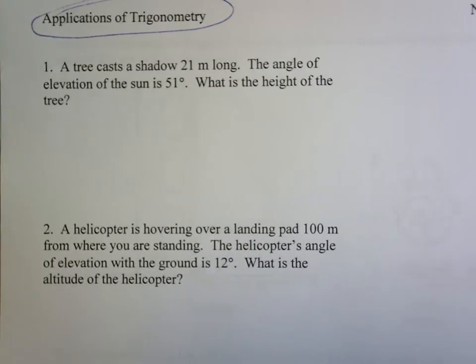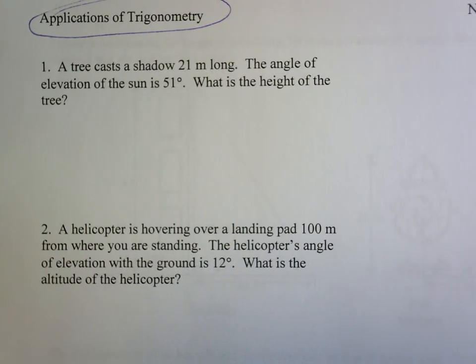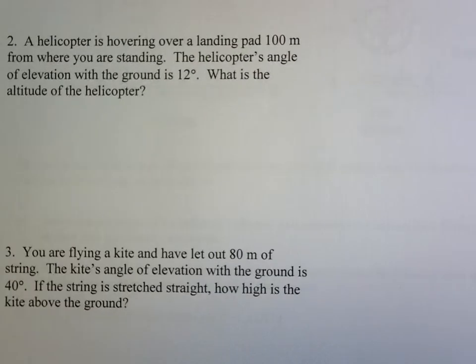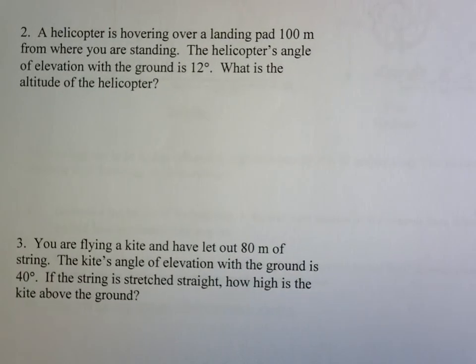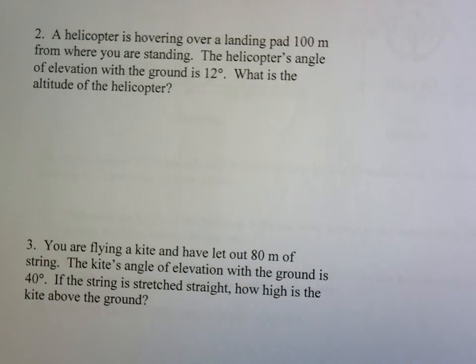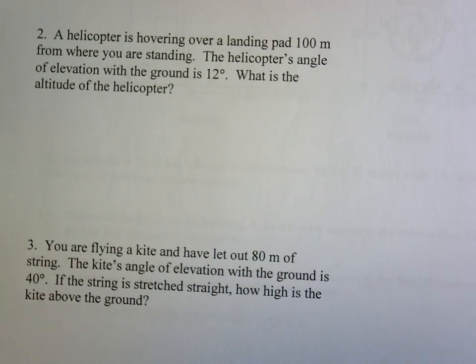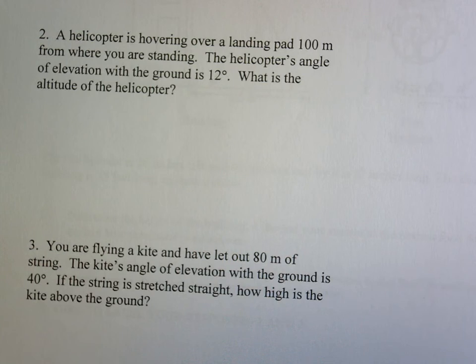Now, number 1 on this page, I want to skip, ironically, just because it's not put in the same terms as the other ones. So let's do a couple of other ones here. Number 2: a helicopter is hovering over a landing pad. It's 100 meters from where you are standing.